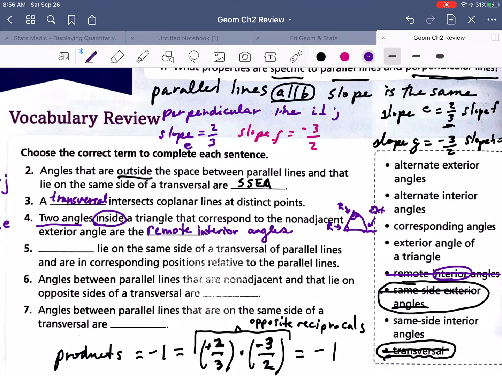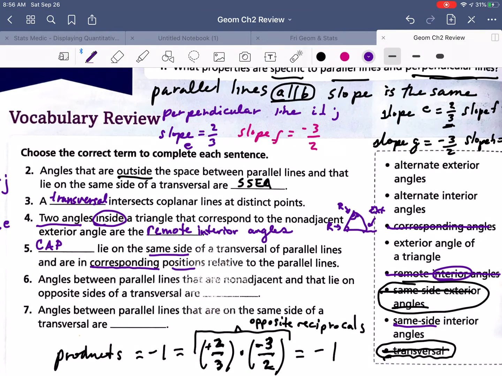Okay. Number 5, blank lie on the same side of the parallel lines and are in corresponding positions. So that would go with corresponding angles. We can just abbreviate CAP, corresponding angle postulate.